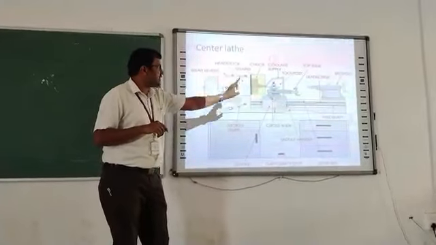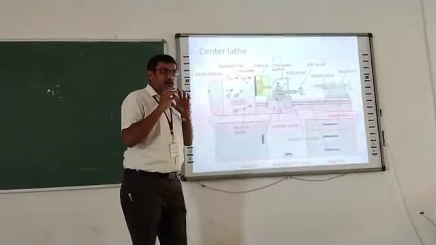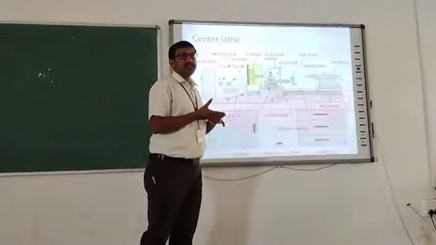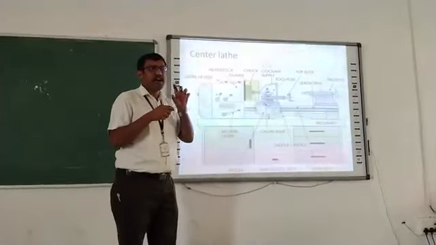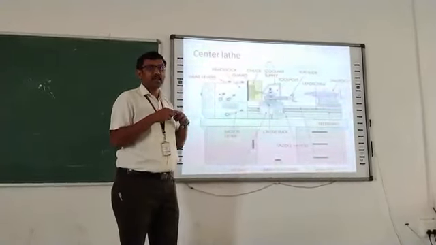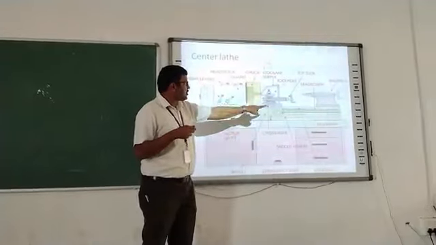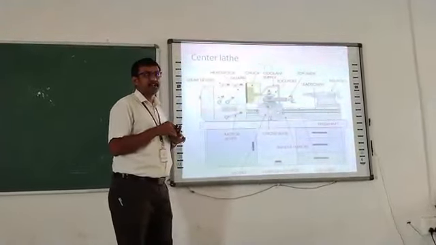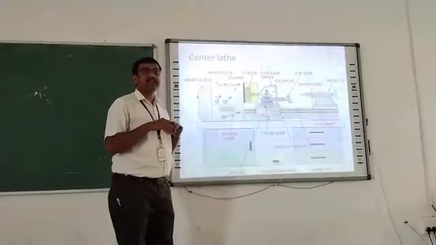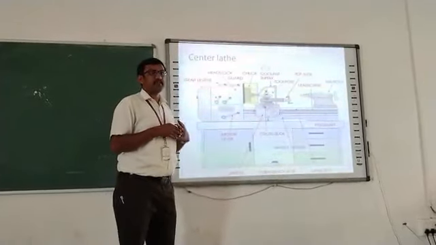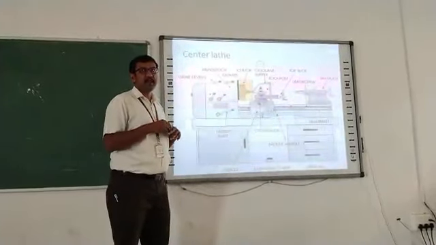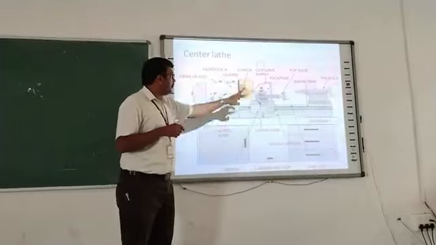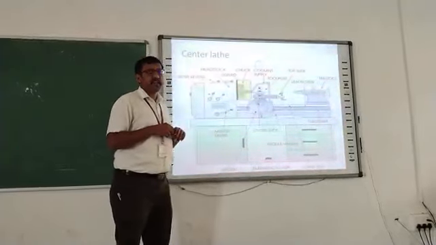It is used when you want to make a thread cutting operation, like the threads you see on bolts and nuts. Through the tumbler gear mechanism, the thread cutting operation is made, in support of the lead screw.